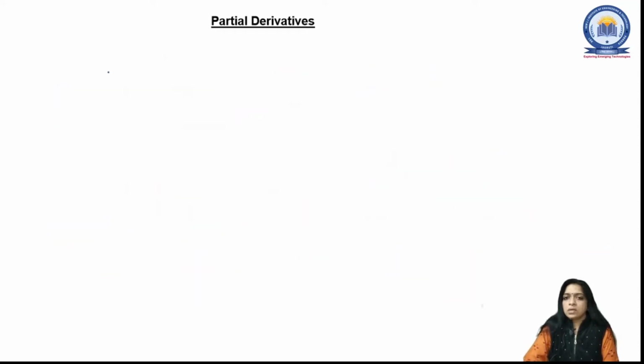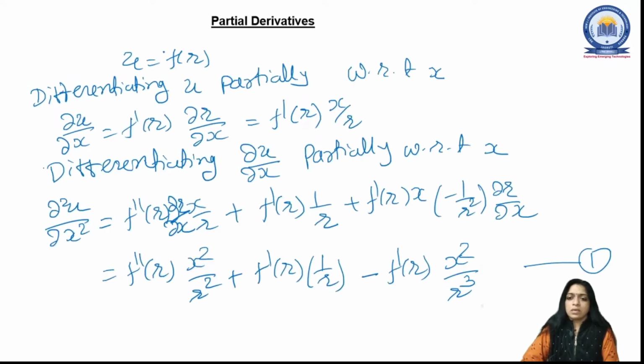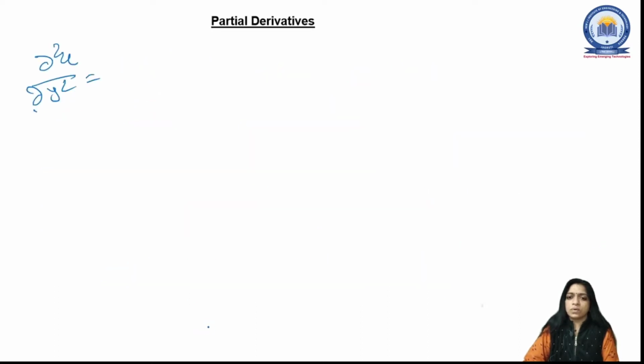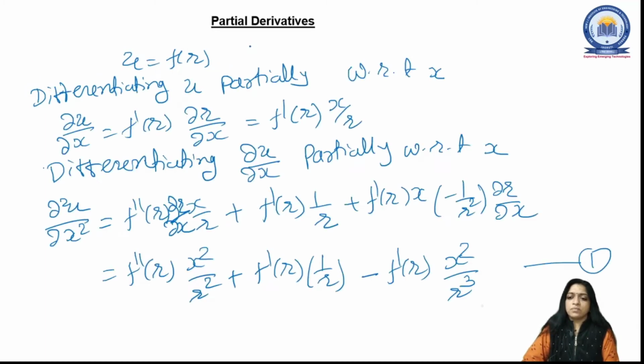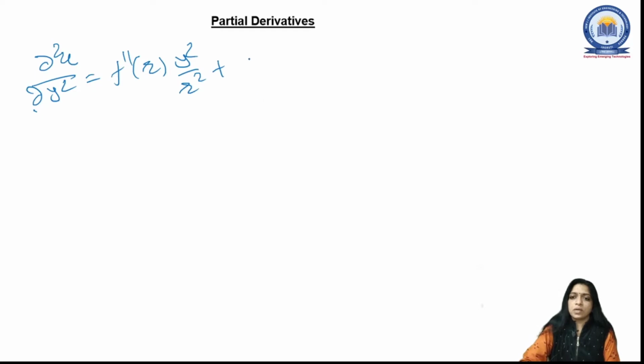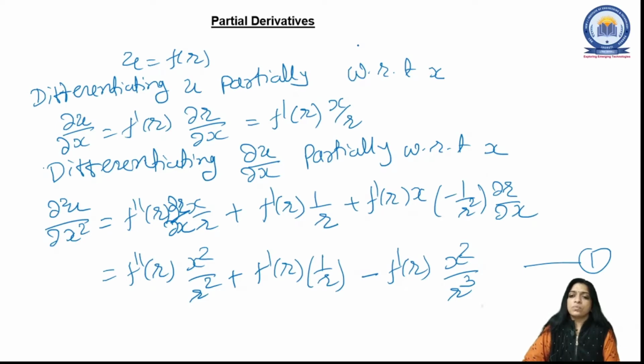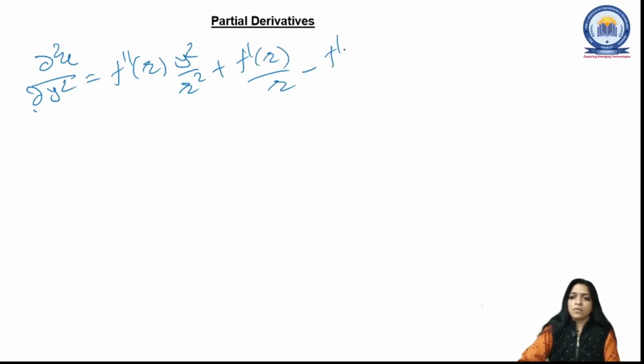Similarly, for del square u by del y square, that is f double dash r into y square upon r square. The second term will be the same, f dash r upon r, and the last term is minus f dash r y square upon r cube.